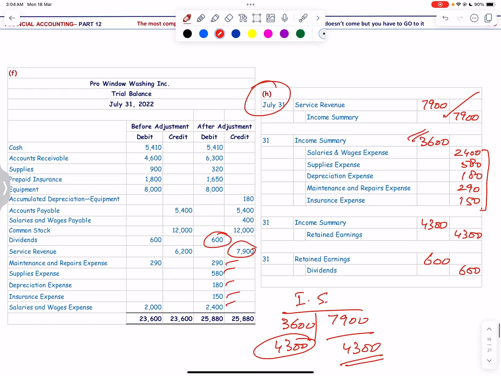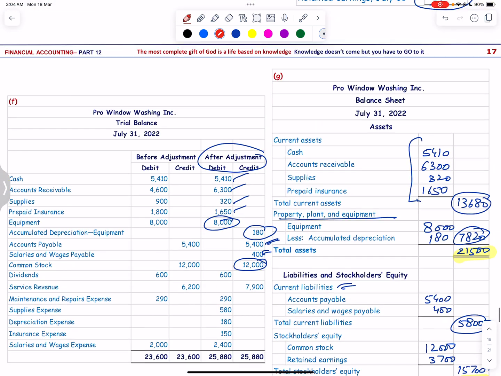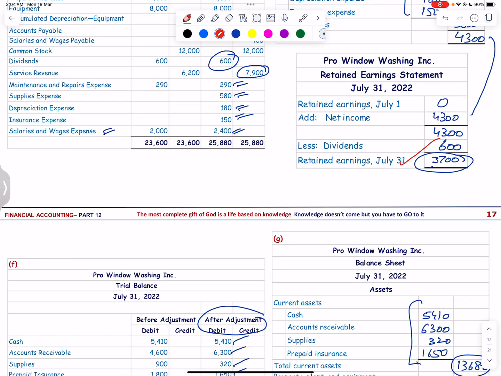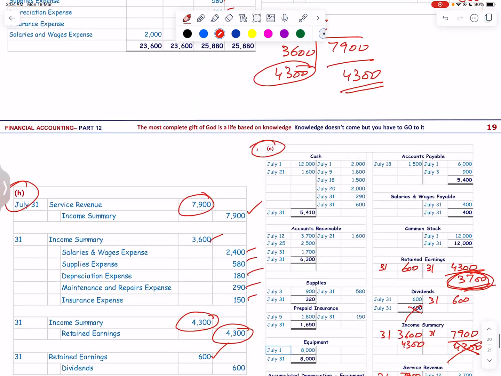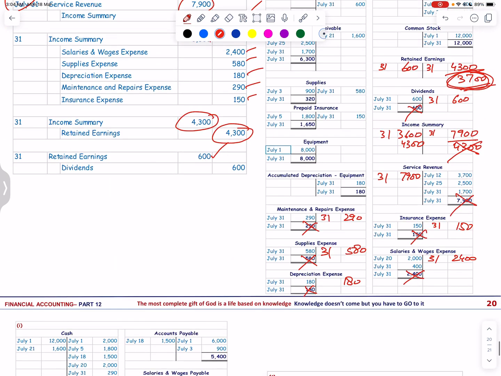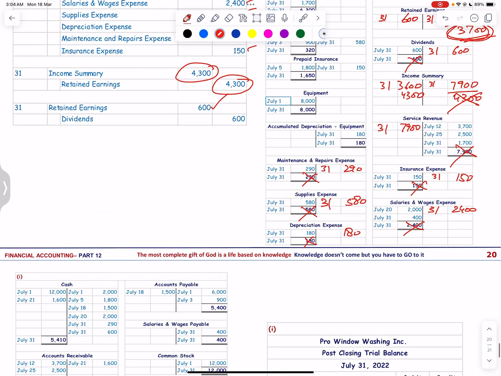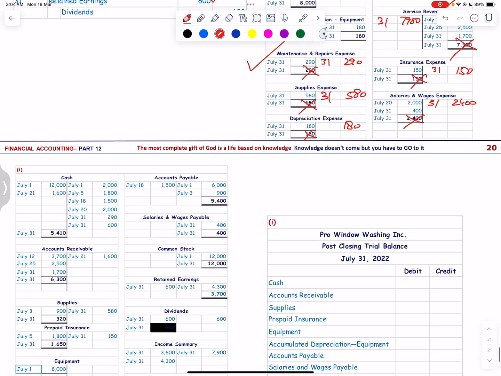Okay, so once we have made all the adjustments in the ledger, I have simply put this ledger over in an Excel sheet, and now we are going to prepare the post closing trial balance.